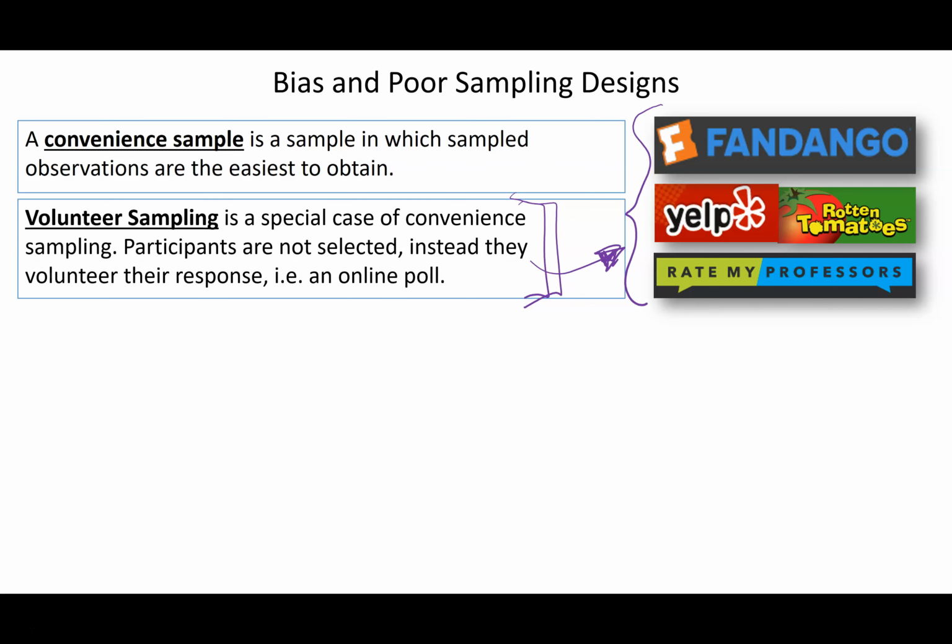The idea behind this volunteer sampling, it's problematic because the people most likely to volunteer and to participate in these polls are usually ones that feel very strongly. Like if you have a professor that you feel was thoroughly okay, you're probably not going to go out of your way to rate them on Rate My Professors.